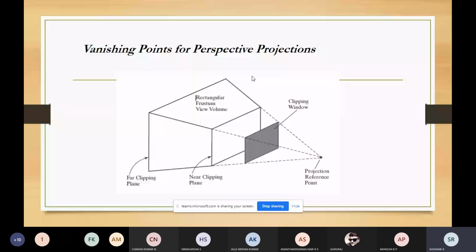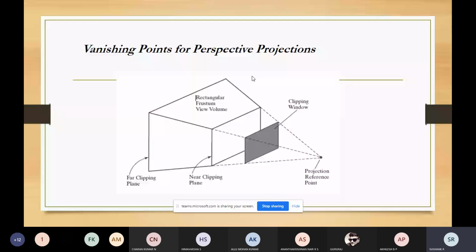When this happens, the transformed coordinates will correspond to an oblique parallel projection. This will occur whenever the view volume is not symmetric. If the view volume is symmetric, then the parallel projection coordinates will correspond to the orthogonal projection.